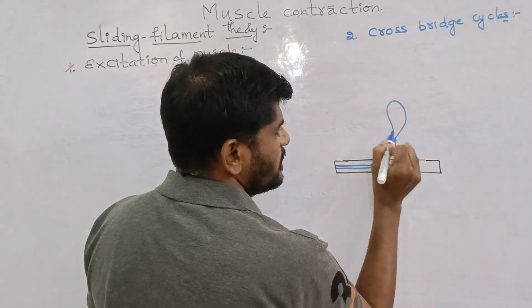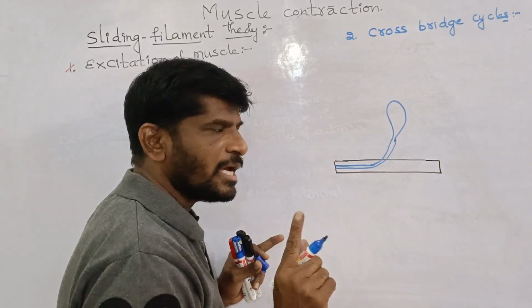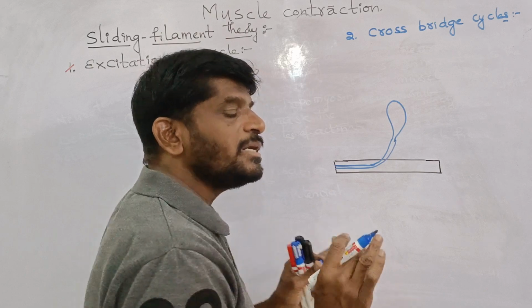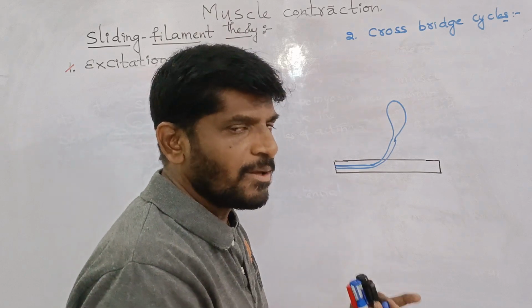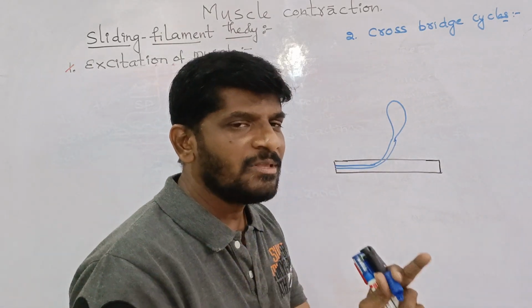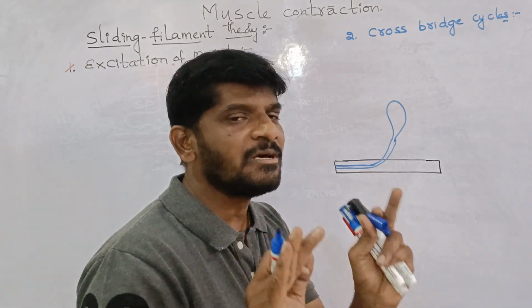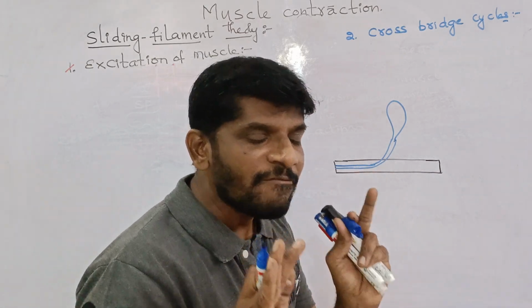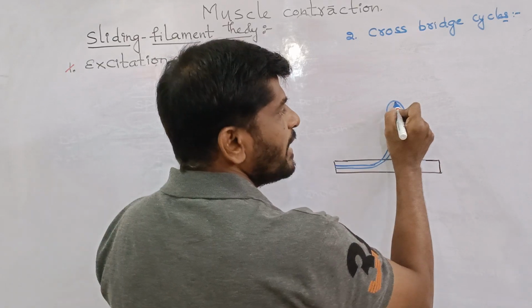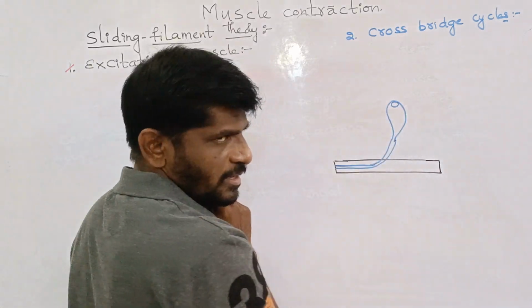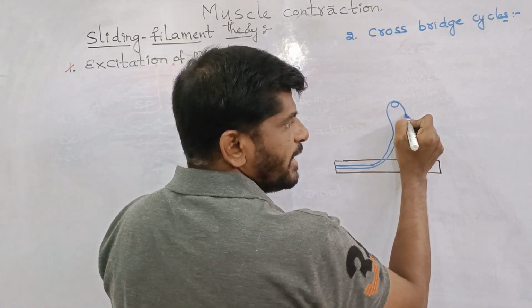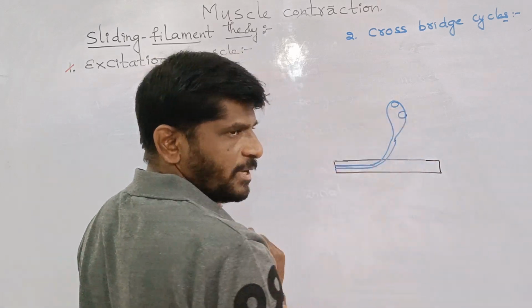In my previous class, I explained that the head of the myosin contains two binding sites. Binding sites pertain to the head of the myosin. Active sites pertain to the thin filament, F-actin. This is the binding site with the F-actin, and this is the binding site of ATP.